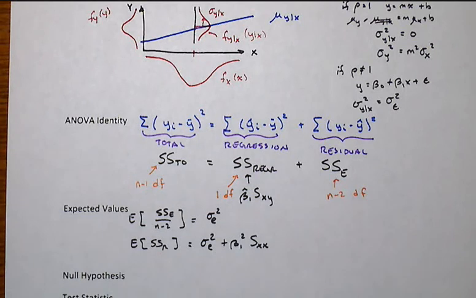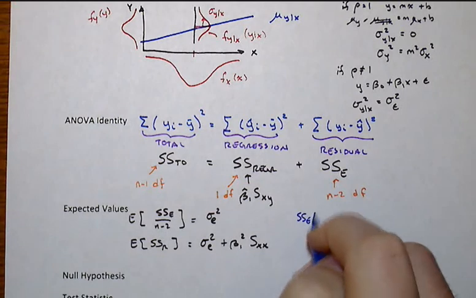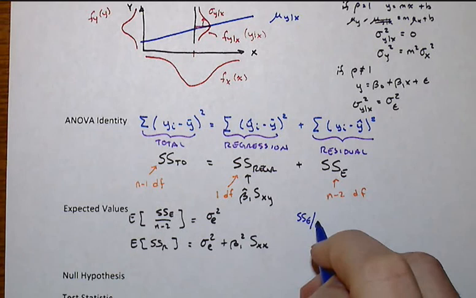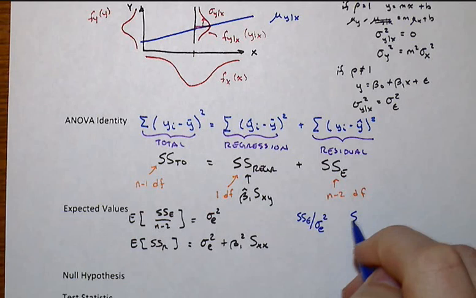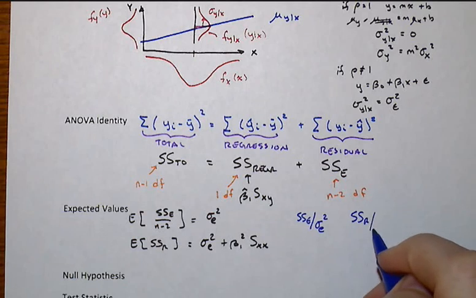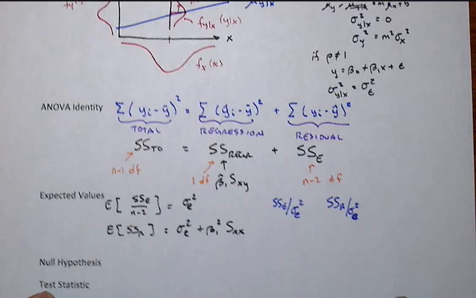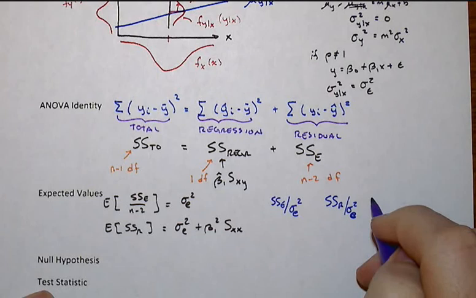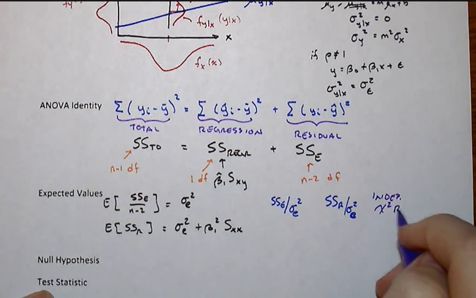Okay, and critical aspects here are going to be that our error sum of squares divided by our sigma e squared term and our regression sum of squares divided by the same variance term are something similar to what we've seen before, and they turn out to be independent chi-squared random variables.